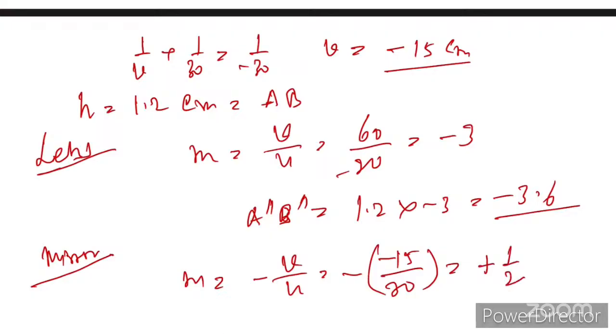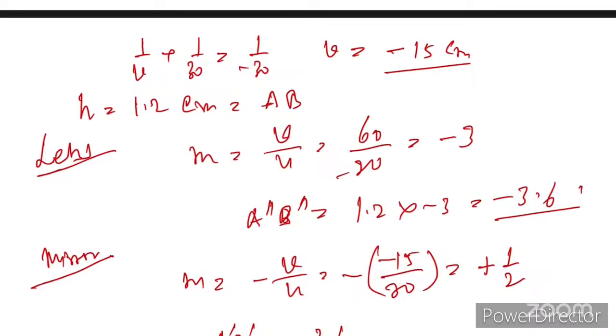So here the image formed by the mirror will be of the length; its object was 3.6 centimeter. So 3.6 into 1 by 2, and that will become 1.8 centimeter. Correct?